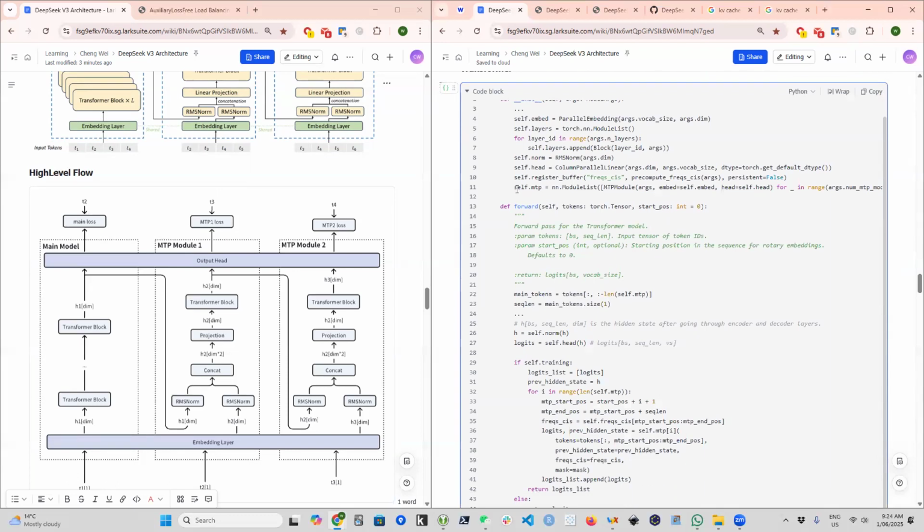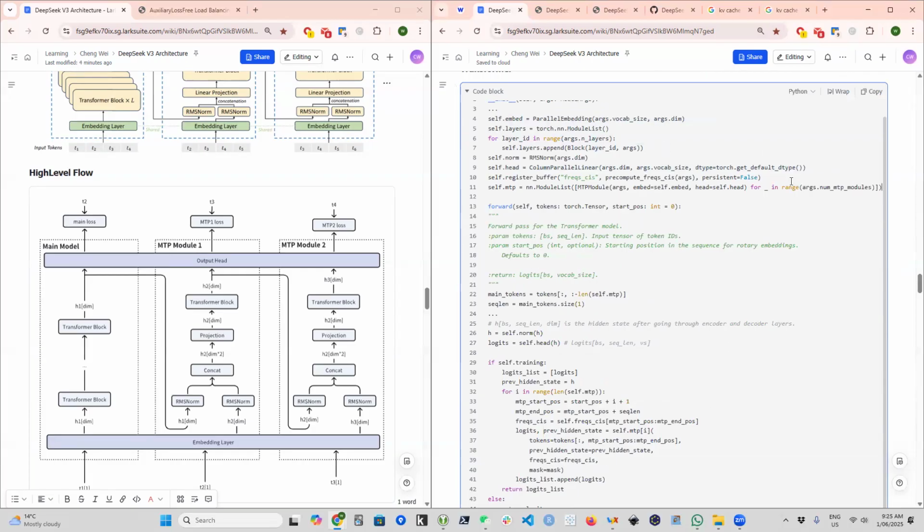In the transformer, except for the normal code, we have multi-token prediction. Here it is also configurable. If we say the number of multi-token models is 2, we just put in 2. If we want to predict more, then we put a 3 or 4 here, right?